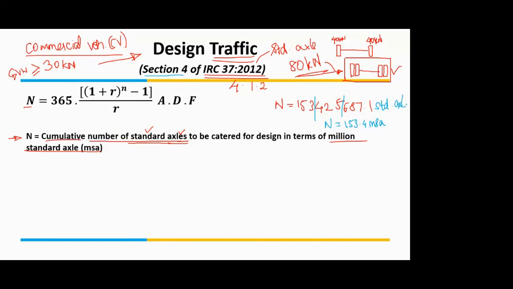Many times when you solve the numerical, students tend to forget to mention this unit. They just mention N is equal to so and so huge number, and leave it as it is. But remember, you have to write standard axles, and once you shift the decimal 6 places behind, you can write it as million standard axle. So million is nothing but 10 raised to 6.